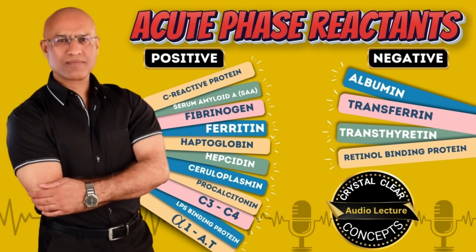Remember, I'm not going into detail. For example, C-reactive protein, which is a positive acute phase reactant, I will just say a few words about it. Later on, there will be a full two-hour lecture on the basics and clinical implications of C-reactive protein. But right now, I'm just briefly mentioning positive acute phase reactants.